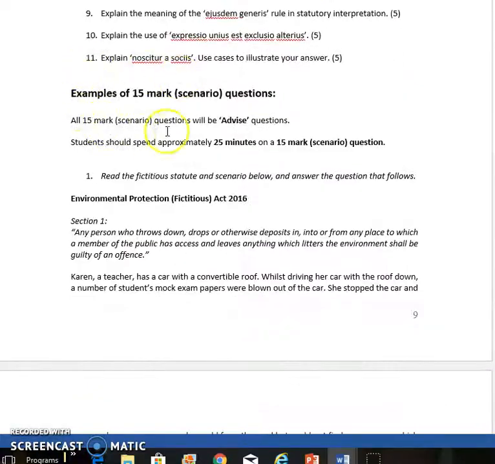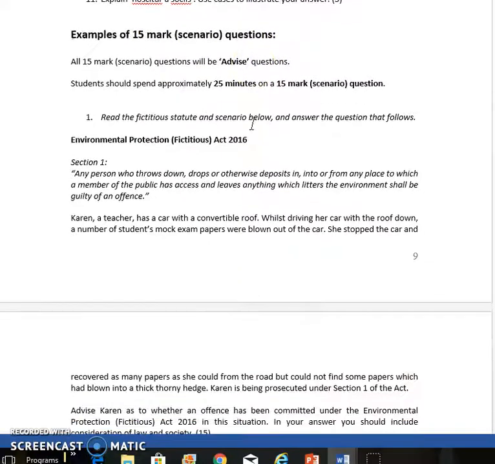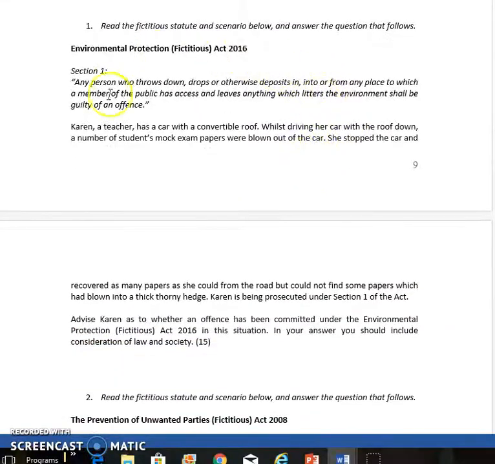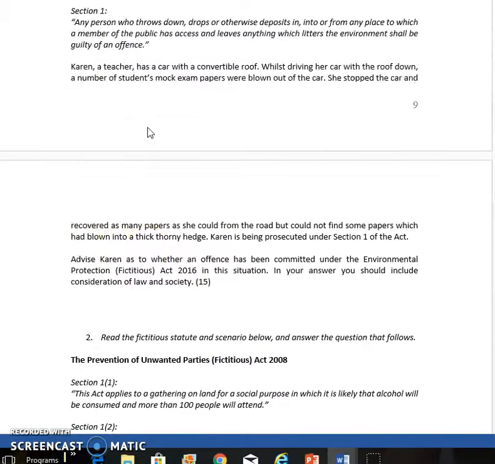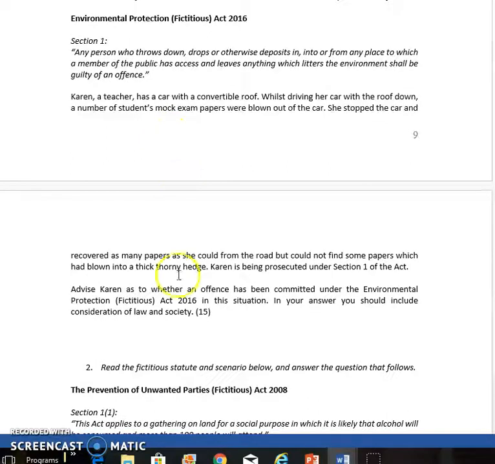Again, you've got your 15-mark scenario advise type question. And here you've got a fake act of Parliament there, and your job is to advise Karen as to whether an offence has been committed in what she's done here, according to that act. So what you would have to do there is think about, would she be guilty using the literal rule?